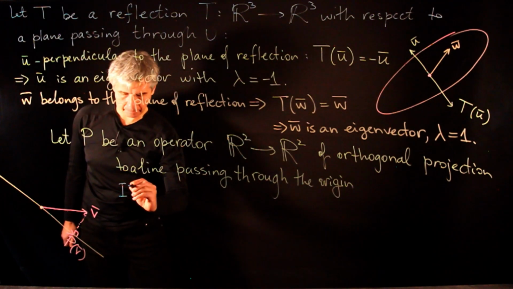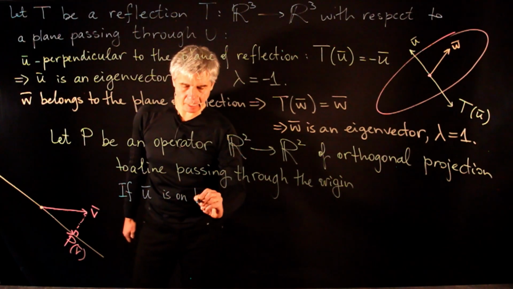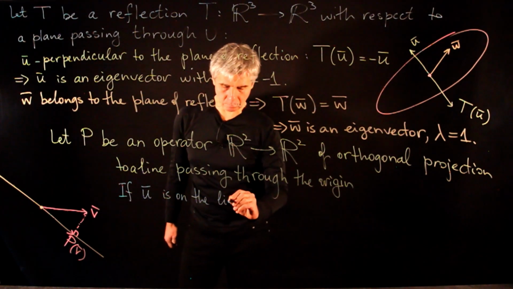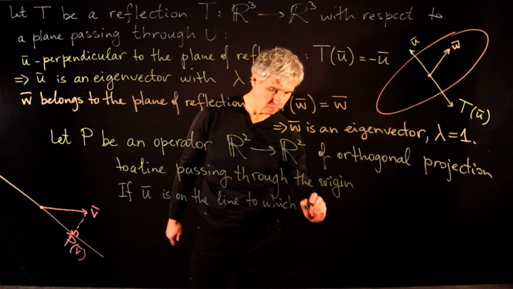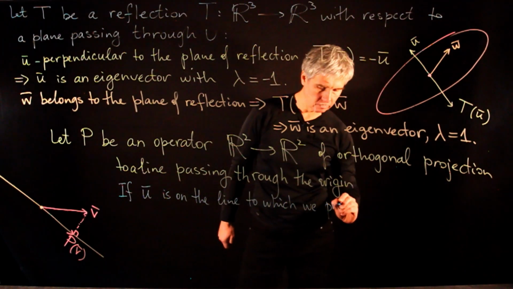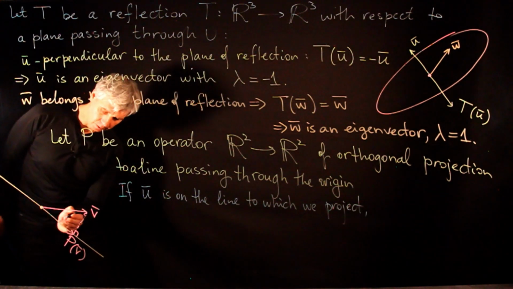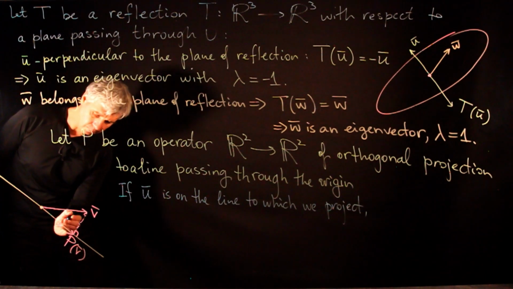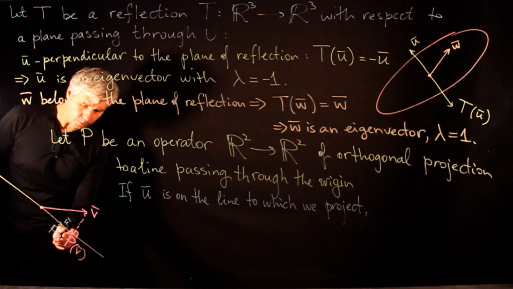If vector u is on the line to which we project, so if u is a vector here, then the projection of this vector will be itself.